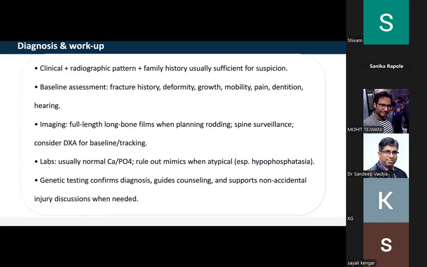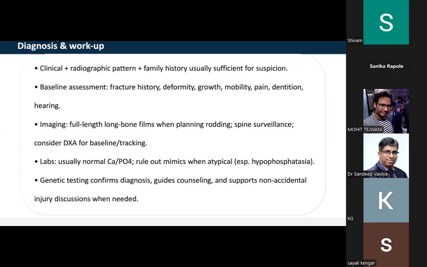There are certain findings to be looked for with utmost care, beginning with the history of fracture: age at first fracture, frequency and mechanism of injury, growth and height trajectory, deformity pattern and mobility level, pain and function, how the teeth are, how the hearing is, any respiratory symptoms, any spine symptoms, any symptoms of CVJ anomalies like headaches, neurological signs, UMN signs. And then imaging: we have to get full length bone x-rays if we are going to plan a surgery, DEXA if we are tracking BMD, and cervical spine imaging if indicated.